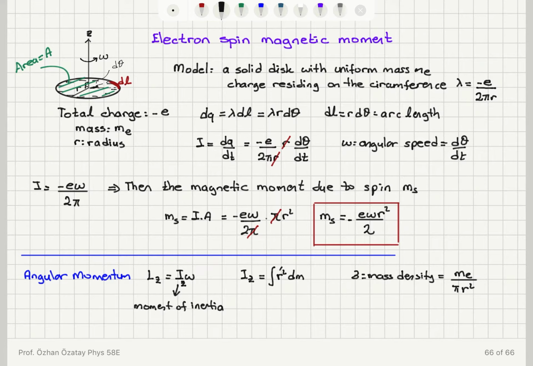Then I will find that dm is going to be equal to sigma times r prime dr prime d theta. So r d theta, remember, is the arc length.